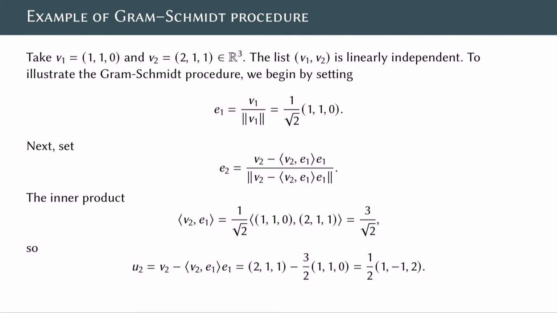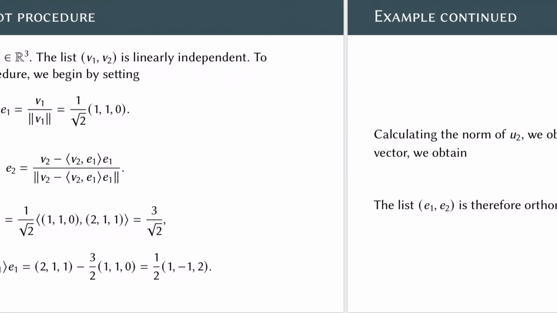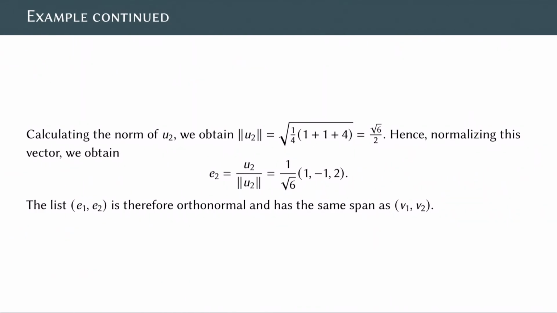So you get U2. Now we have to make this a unit vector by dividing by norm U2, and norm U2 is just the square root of 1 by 4 into 1 plus 1 plus 4, which is root 6 by 2. So normalizing this vector, we obtain E2 to be 1 by root 6 times (1, minus 1, 2).